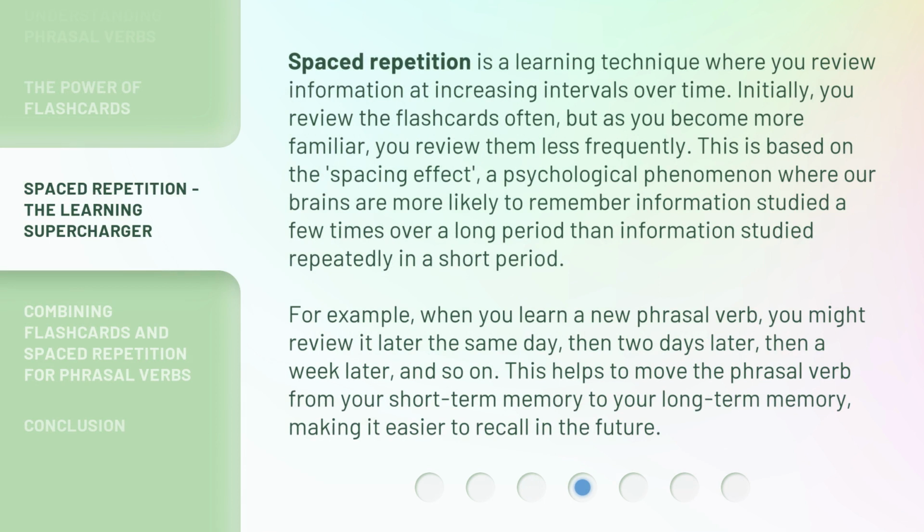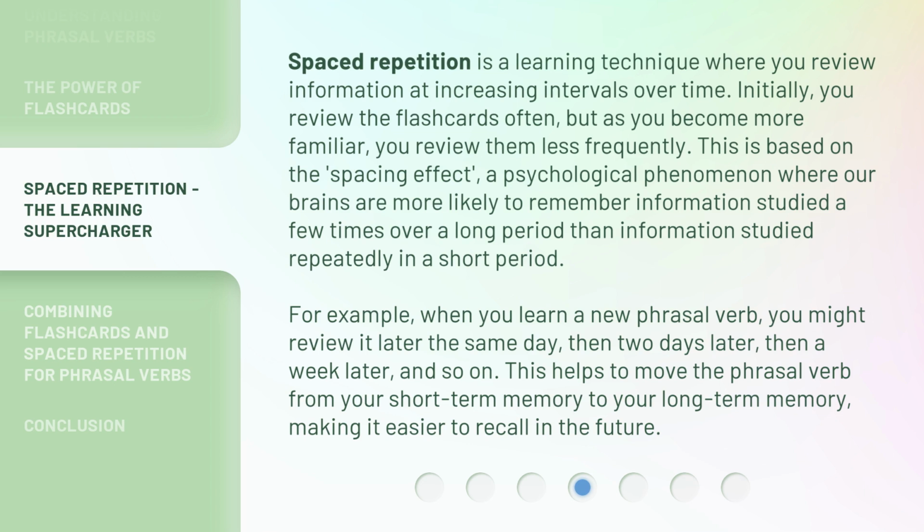Spaced repetition is a learning technique where you review information at increasing intervals over time. Initially, you review the flashcards often, but as you become more familiar, you review them less frequently. This is based on the spacing effect, a psychological phenomenon where our brains are more likely to remember information studied a few times over a long period than information studied repeatedly in a short period.